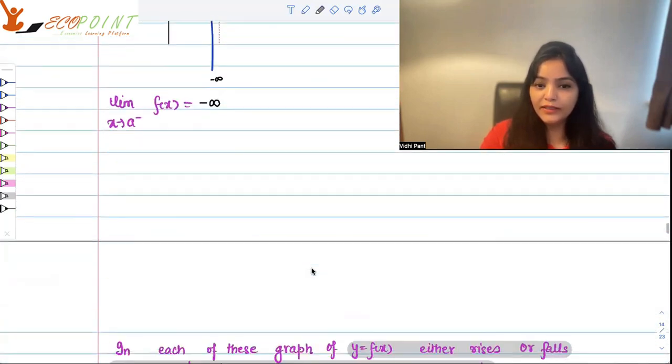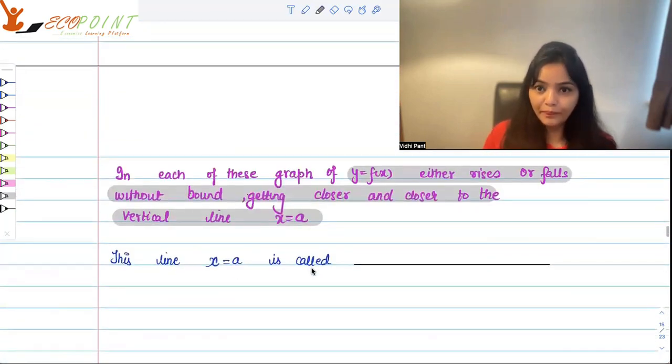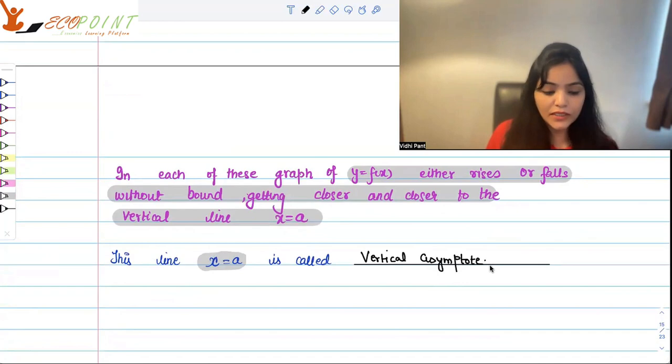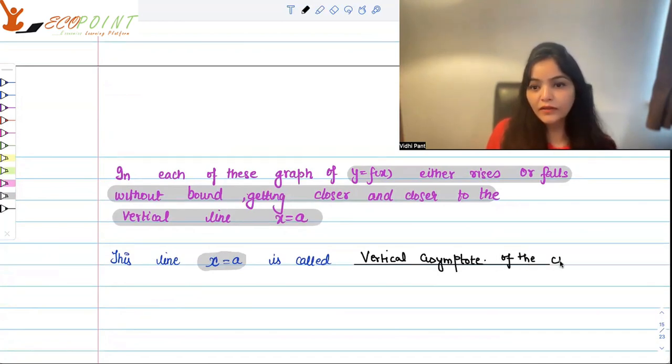These graphs are moving parallelly, never intersecting. This line that you can see here, which is x equal to a, is called a vertical asymptote, because this is never intersecting. So this is a vertical asymptote of the curve y equals f of x.